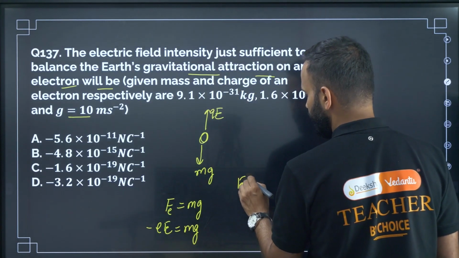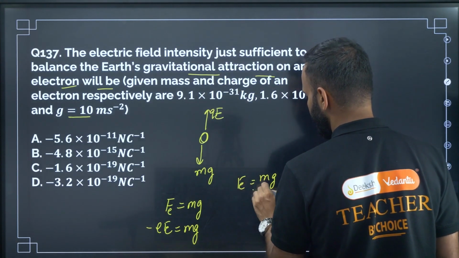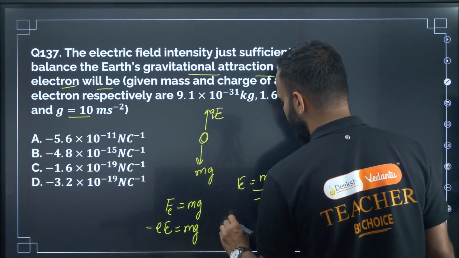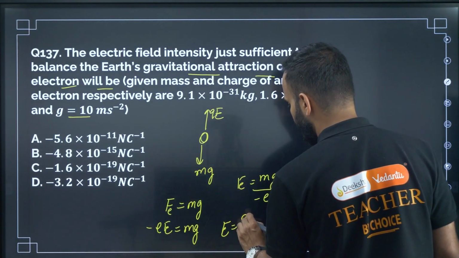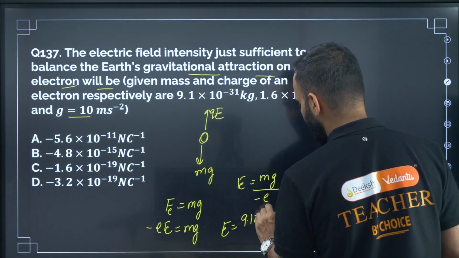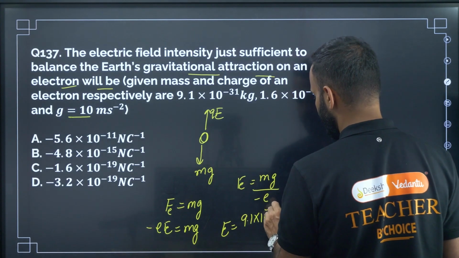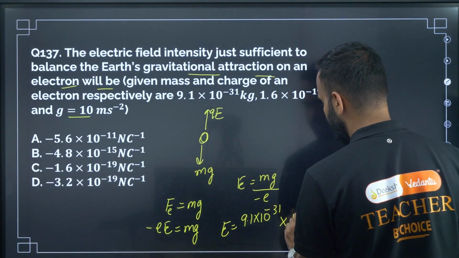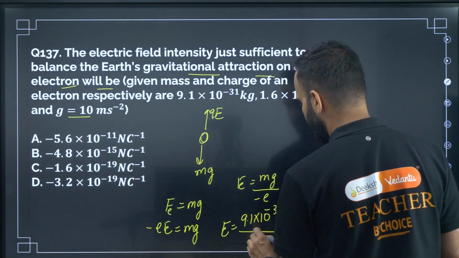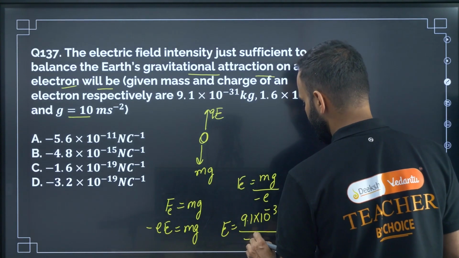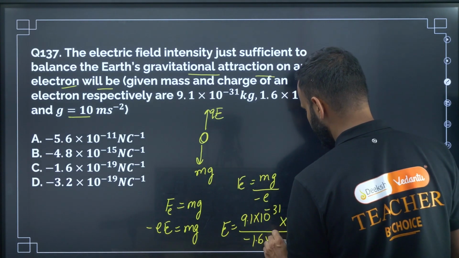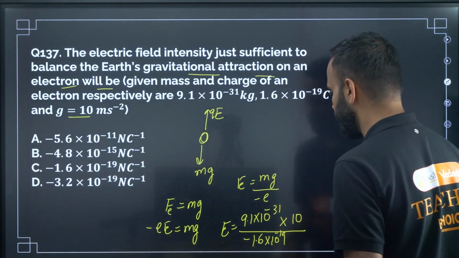Now E is equal to mg by minus e. E equals 9.1 into 10 to the power minus 31 kg into g, 10 meter per second square, divided by minus 1.6 into 10 to the power minus 19 Coulomb.